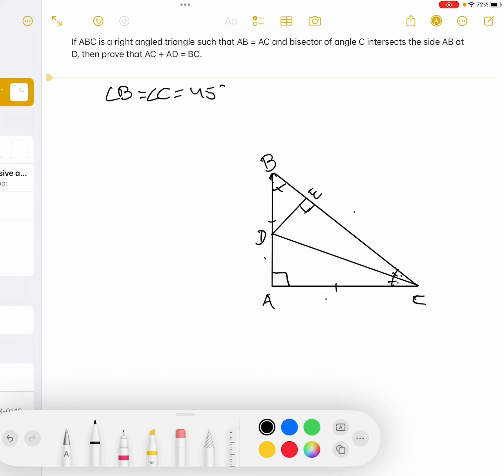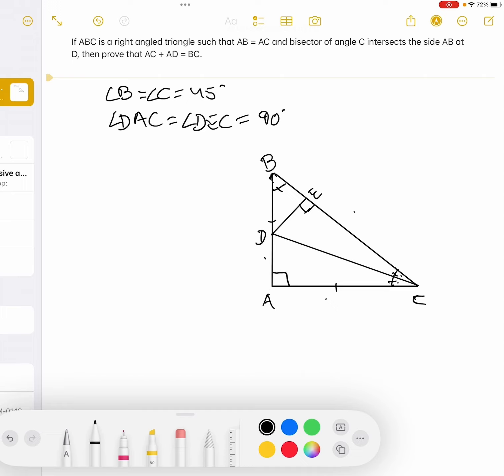So we can see angle DAC is equal to angle DEC, because both are 90 degrees.